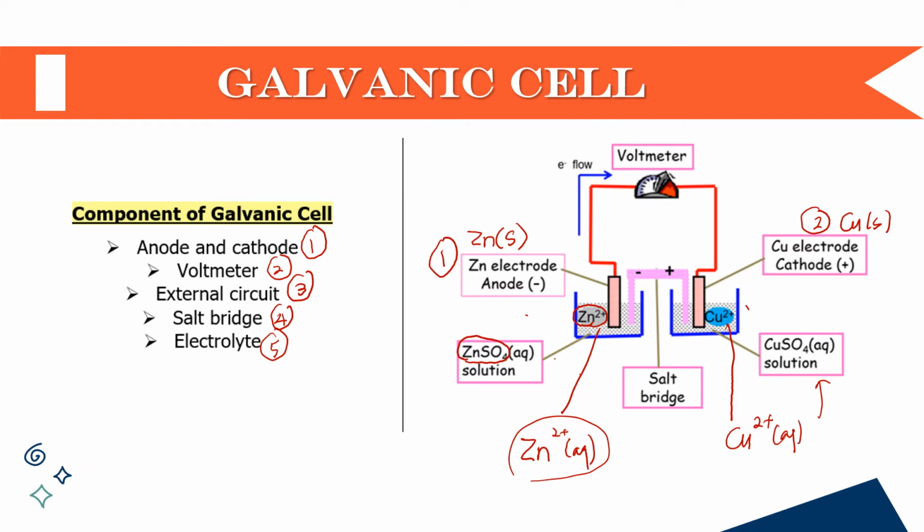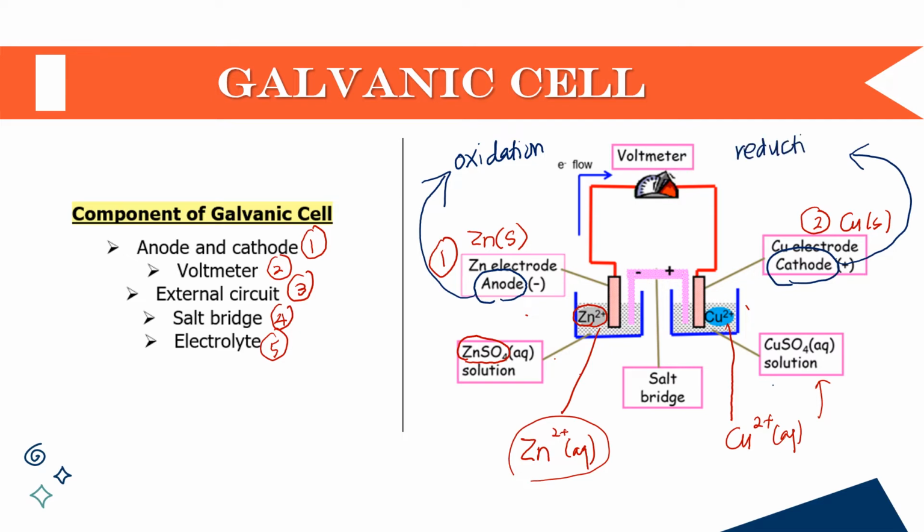Why must it be like this? Please recall, at the anode, the type of reaction that will occur, the half equation that will occur, is oxidation. And at the cathode, the half reaction that will occur is reduction.